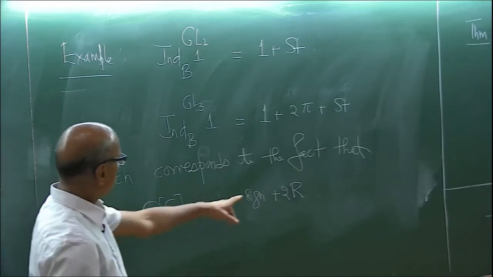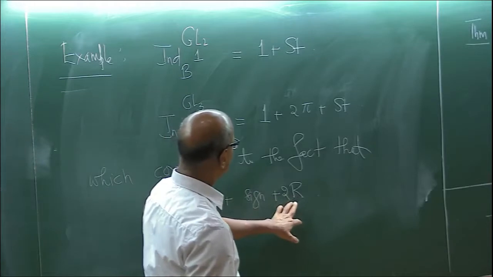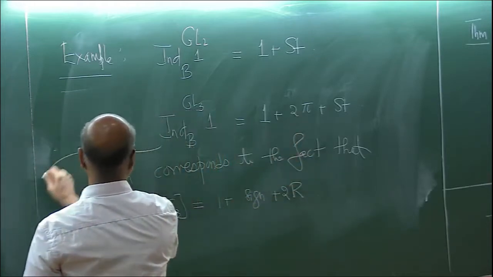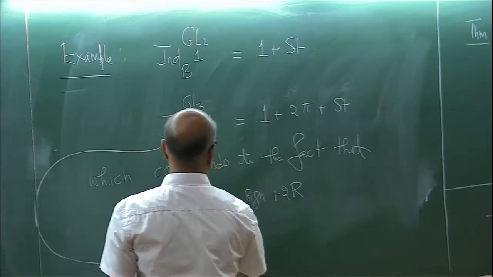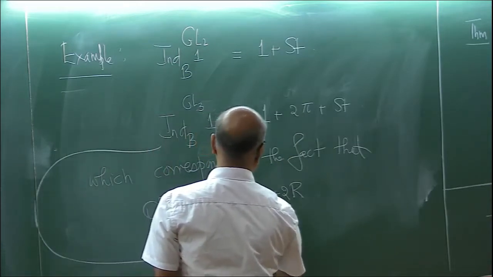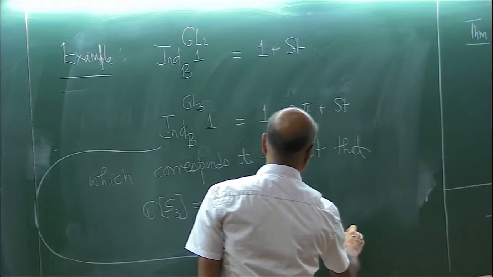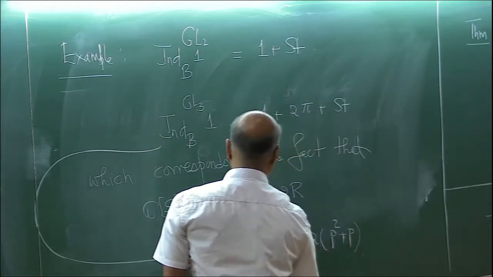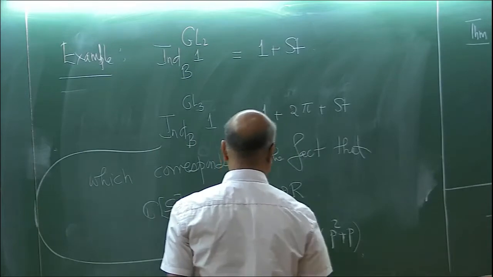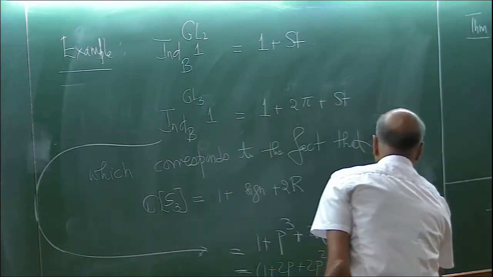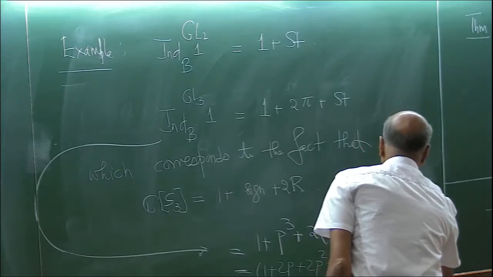And corresponding to this representation, it's good to do this dimension count. The dimension is given by 1 plus p cube plus 2 times p square plus p, and which is the same thing as it's supposed to be the order of GL3 upon the order of B.